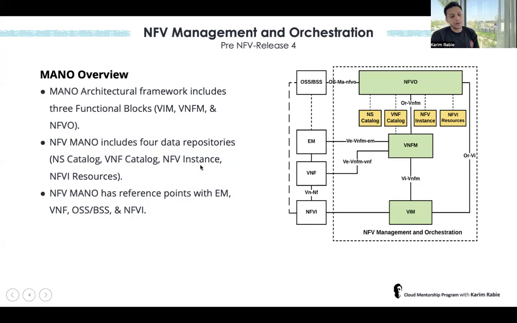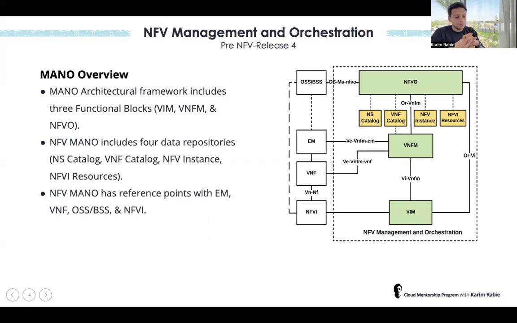But the most relevant thing here is pre-NFV release 4, because in ETSI NFV there are releases, and starting from release 4, we start to see the introduction of new functional blocks that contribute to Kubernetes, container management, something called WIM. So I'm talking here about the basic reference architecture that most operators are currently working on, or have developed their cloud based on. That's the MANO pre-NFV release 4.